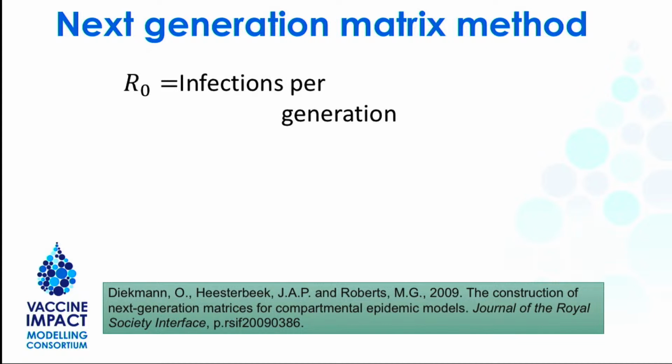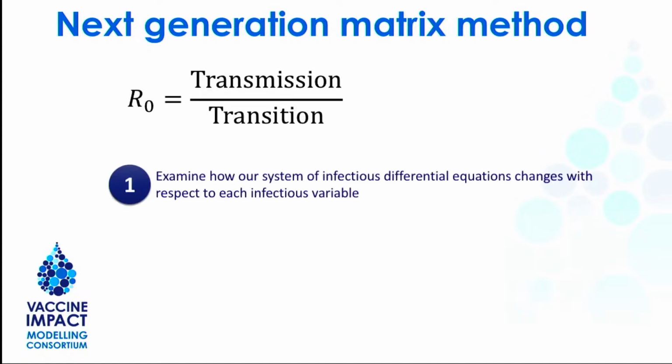It's got examples for susceptible, exposed, infected, recovered models, and a couple of other examples as well. And it's using the same sort of steps that we're going to go through now. So if you want to read more, this is a good paper for it. Okay. So, big idea, infections per generation. And we know we've got a structured model, so we need to think about infected humans and bacteria. So, step 1.